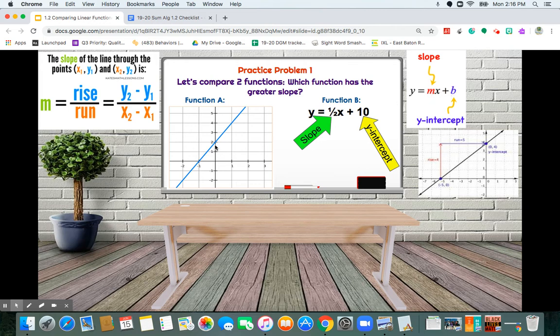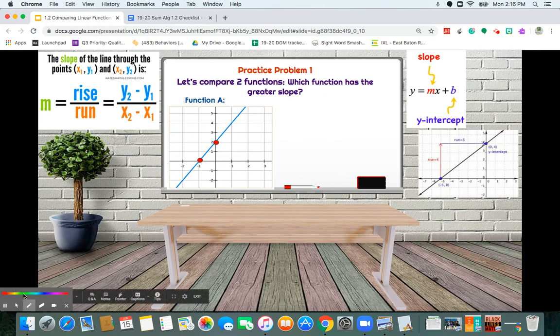Let's look at our graph. We're not given the slope, but we are given points on the line, perfect points on the line. So I'm going to choose 2 points on the line, and I'm going to calculate my slope. Remember, we can do this one of two ways. We can calculate our slope by counting, simply doing the rise over run.